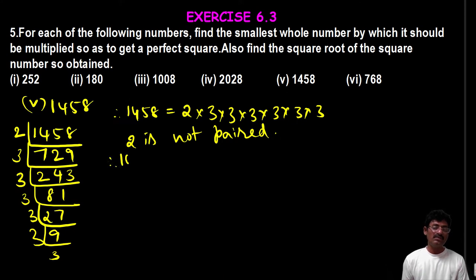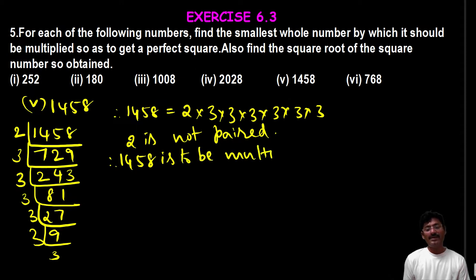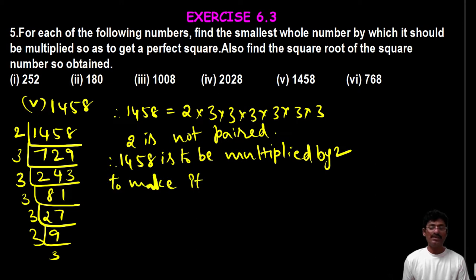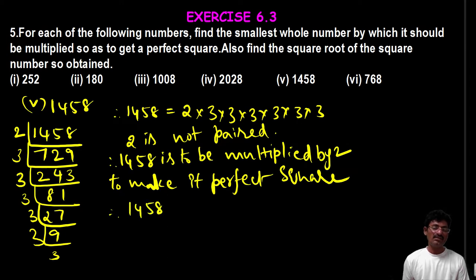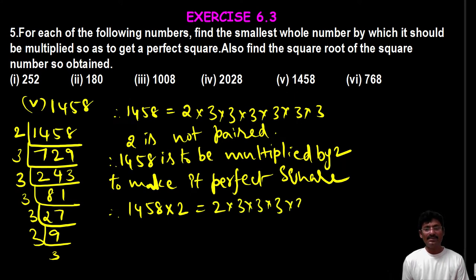So therefore 1458 times 2 is equal to 2 times 3 times 3 times 3 times 3 times 3 times 3. This is for 1458. Then times 2 we have.